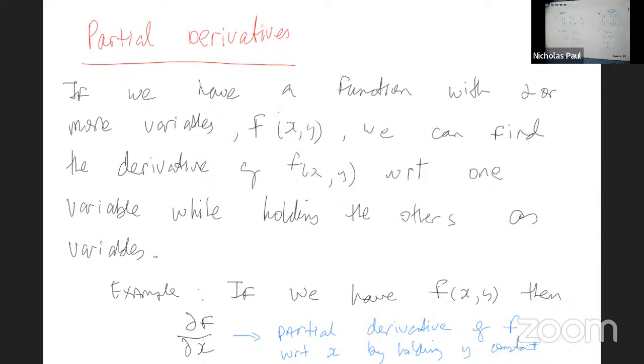So partial derivative: if we have a function f of xy, we could find the derivative of f of xy with respect to one variable, and the way we'll do that is by holding the others as constants.